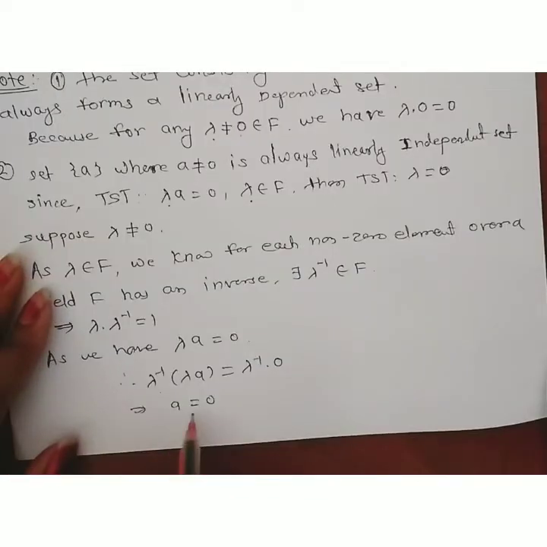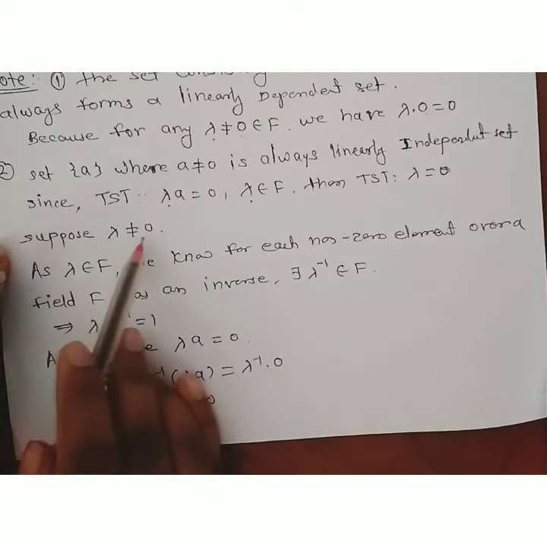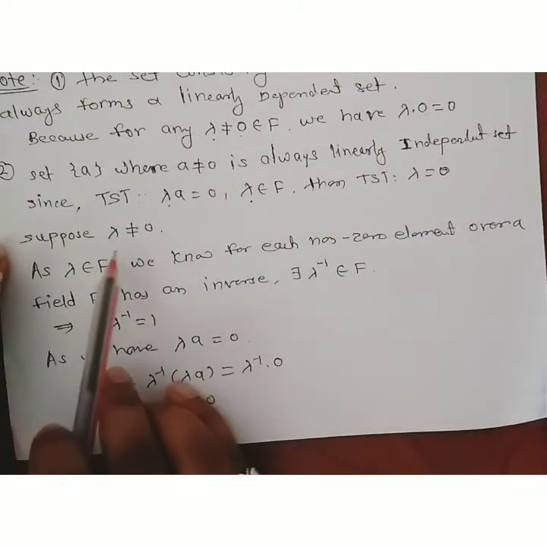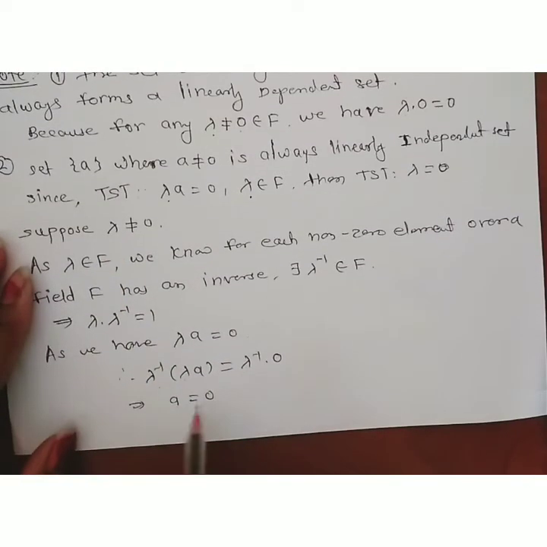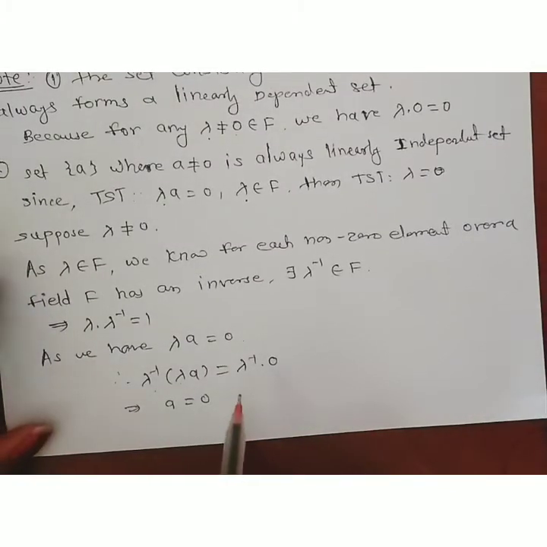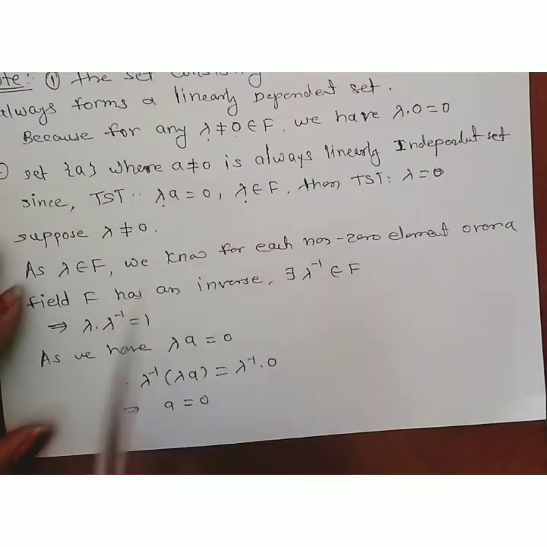Therefore, we have to show that lambda is equal to 0. On the contrary, if we suppose lambda is non-zero, then we get a contradiction: A is equal to 0, but we have already taken A as a non-zero element.